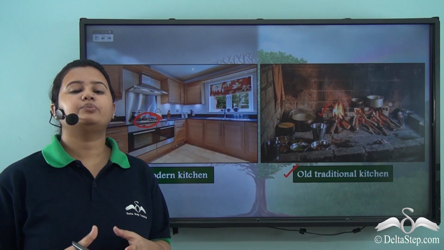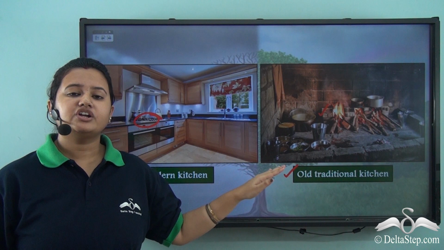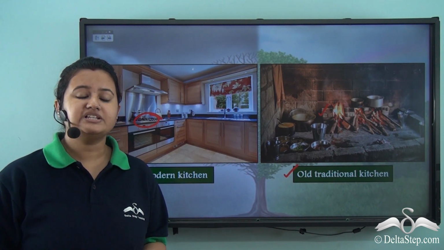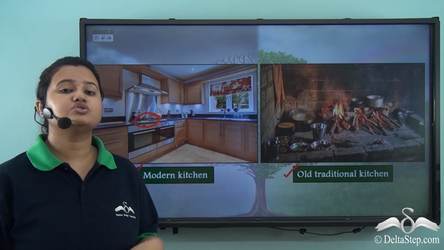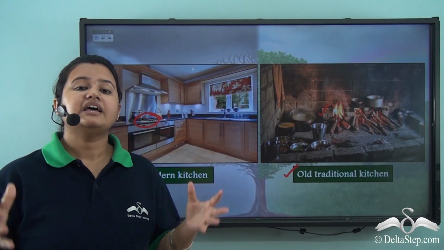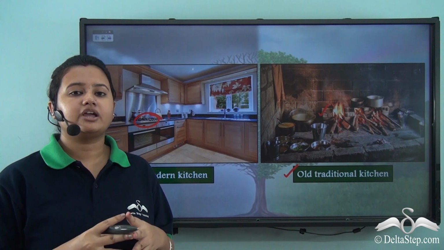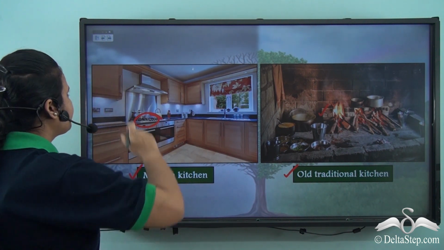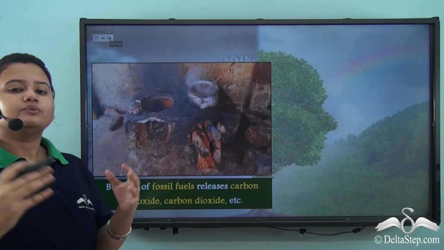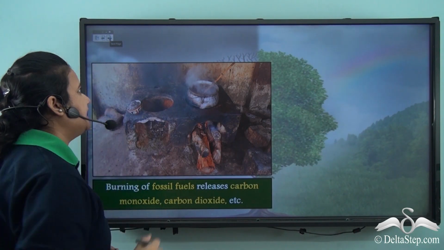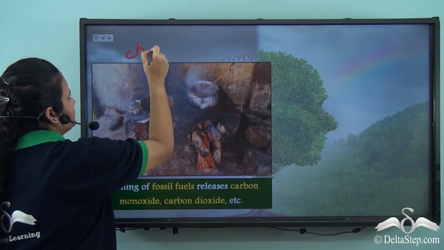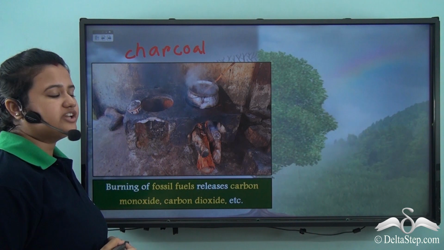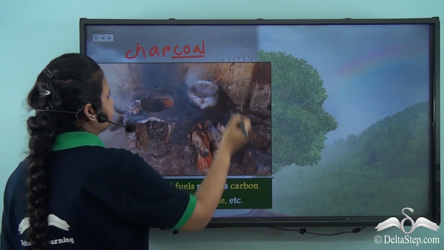Now you will be surprised to know that these traditional cooking methods are still used in underdeveloped countries that do not have access to technology. As a result, they still use traditional cooking methods by using charcoal and firewood. Now, let us see how these traditional cooking methods harm the environment. This traditional fuel is rich in coal.